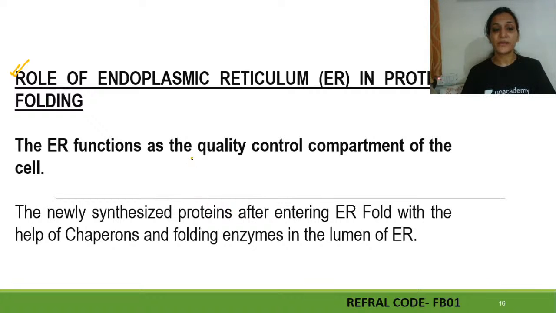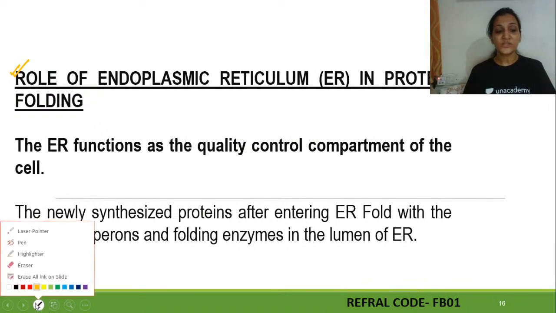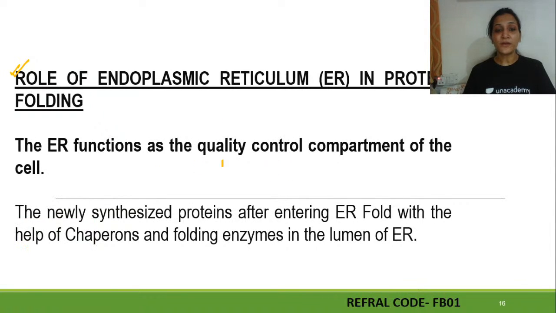The endoplasmic reticulum functions as the quality control compartment of the cell. So it will see whether the proper folding of protein has occurred or not. You can highlight it as the quality control department, which checks whether the proteins are properly folded or not.